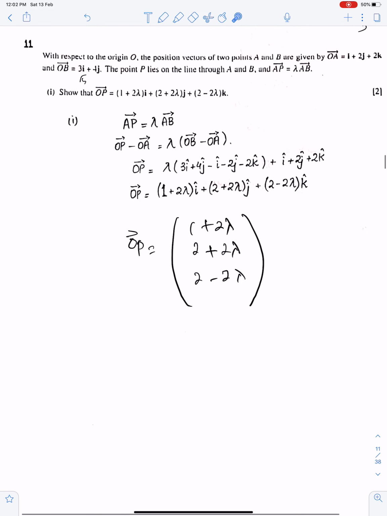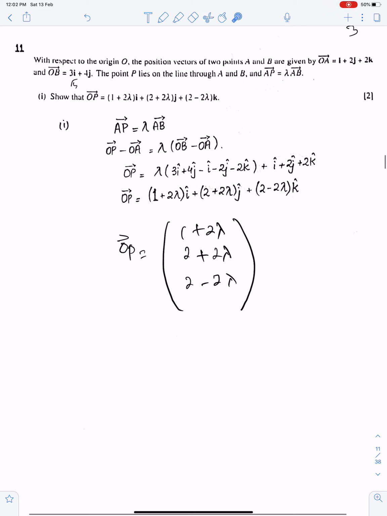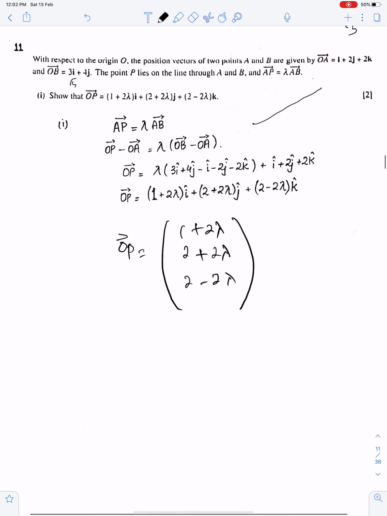This question is simple. Question number 11. First we need OP, and it's given P is on AB. So first get the equation of AB, or you can write AP is lambda times AB, because we use this collinear points method here. A, P, B. So we can write AP is lambda times AB.